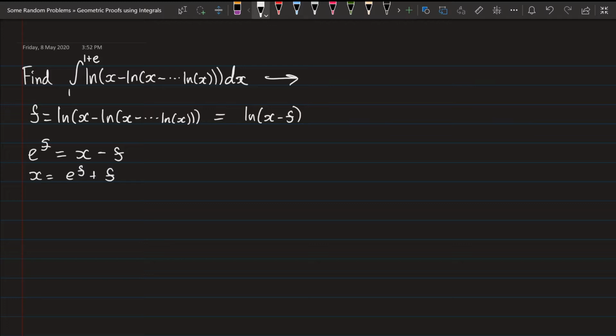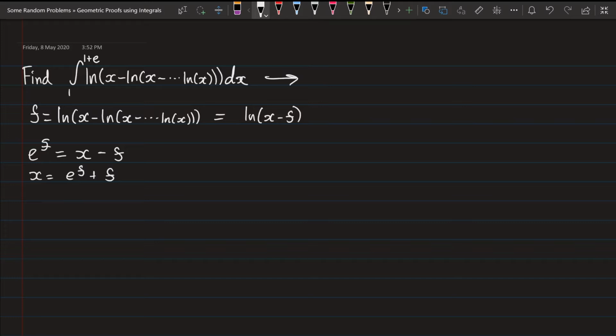Okay, so let's go ahead and think about this. We want to integrate this thing in terms of limits. And we have the limits here, x is equal to 1 and x is equal to 1 plus e. So what are some possible limits of f that allow this to happen? Well, I picked these limits intentionally so it's easy to find values of f.